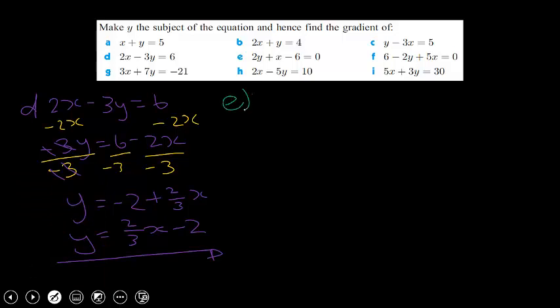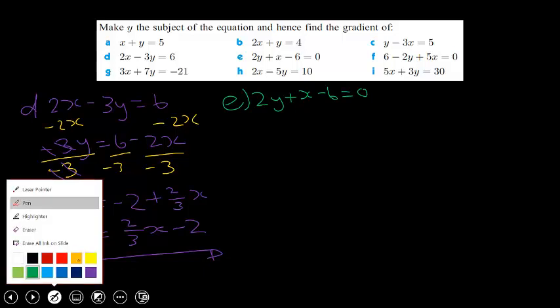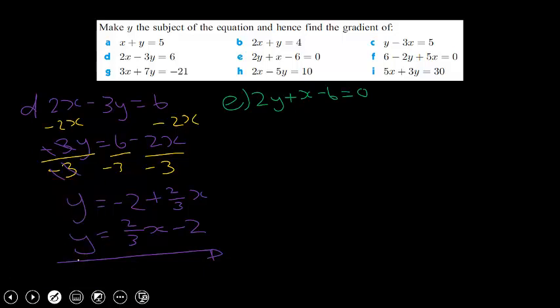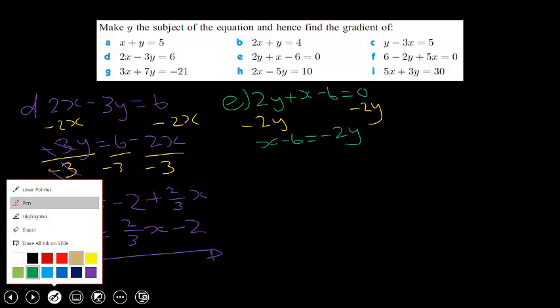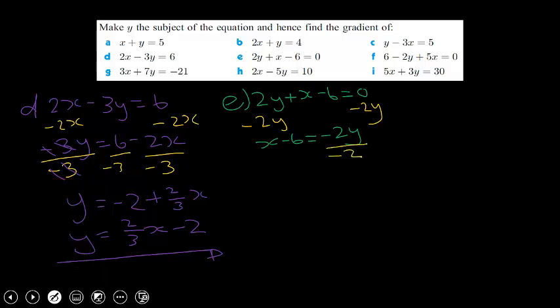Question E says 2y plus x minus 6 equals 0. In this equation, everything is on the same side. So I want y by itself. I'm just going to move y over. I'm going to say minus 2y on both sides. That helps me out. Then I say x minus 6 equals minus 2y. Get rid of the minus 2 on the y, so everything gets divided by minus 2.